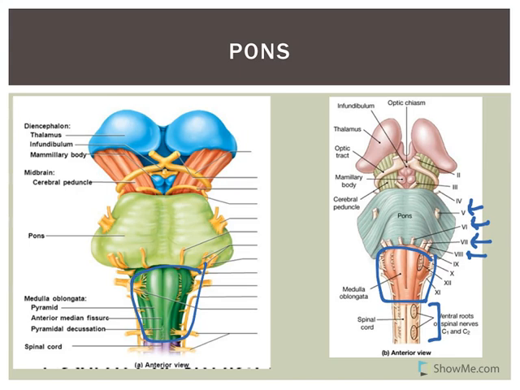Part of cranial nerve number 8, 9, which is glossopharyngeal, 10 is vagus, 11 is accessory, and 12 is hypoglossal. So you kind of notice that a lot of cranial nerves are associated with that brainstem. Often strokes affect the cranial nerves because they can affect some parts of the brainstem.